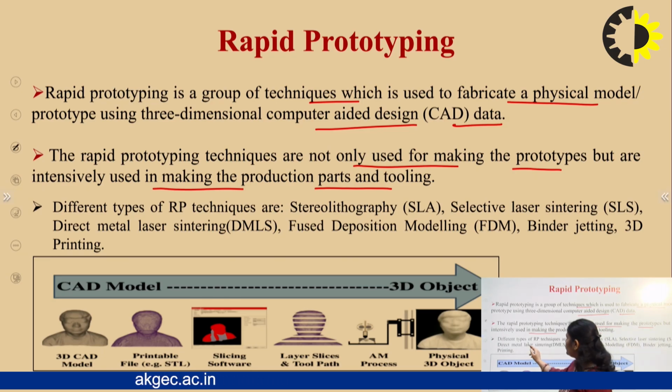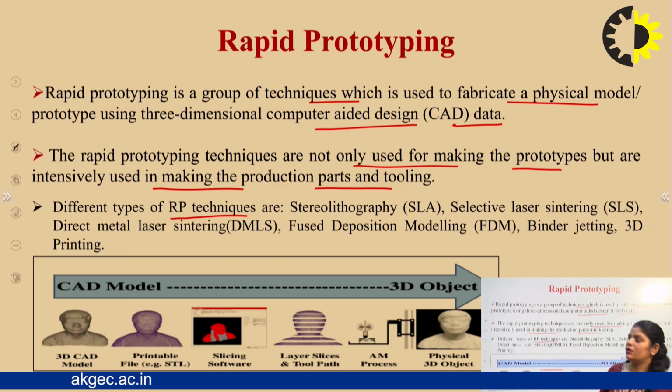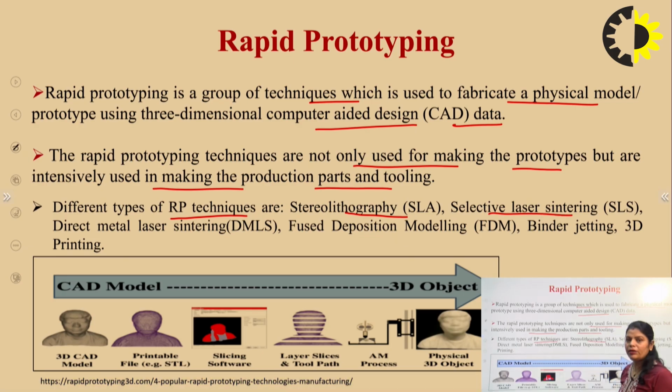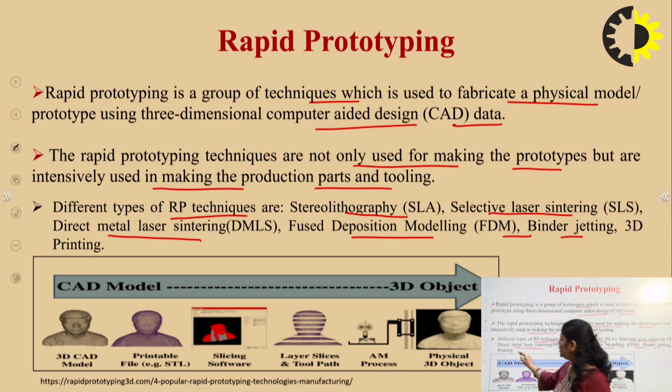Different types of rapid prototyping techniques are available. For example, we can use stereolithography, selective laser sintering, SLS, direct metal laser sintering, that is DMLS, fused deposition modeling, FDM, binder jetting, or 3D printing.